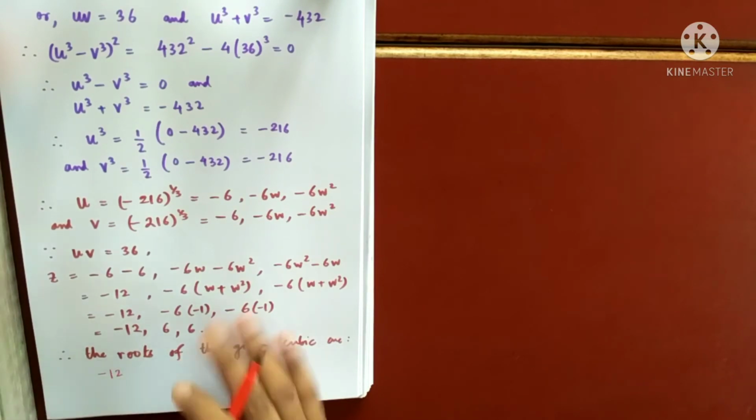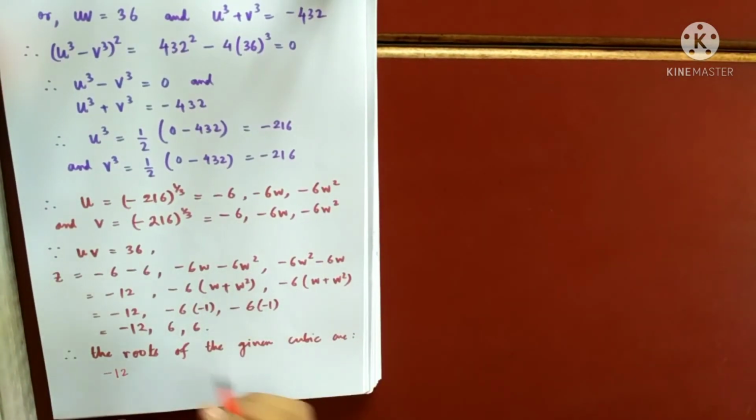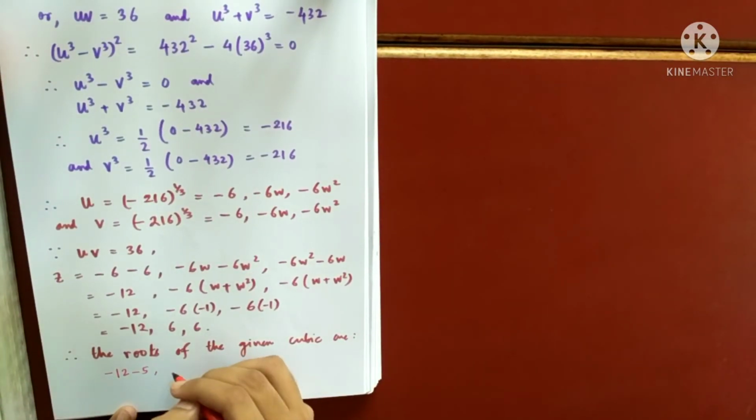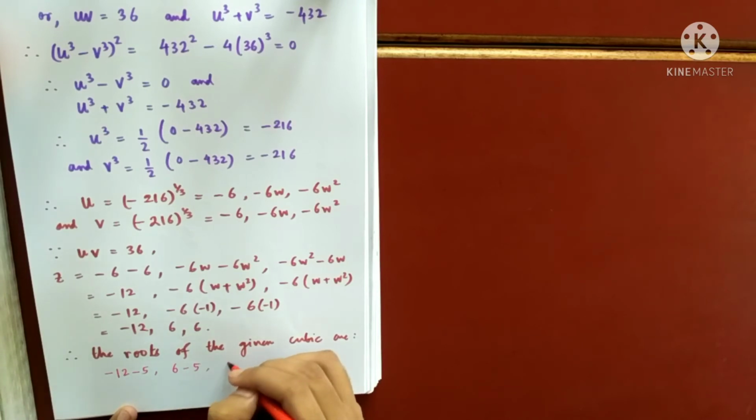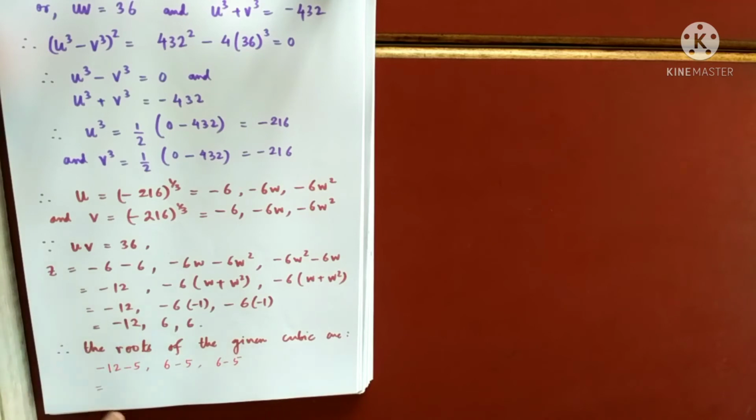Minus 12. So I forgot what it was, z minus 5. You have to subtract 5 from each of them. So minus 5, 6 minus 5, 6 minus 5. So what am I getting? No, I made a mistake, I feel so.